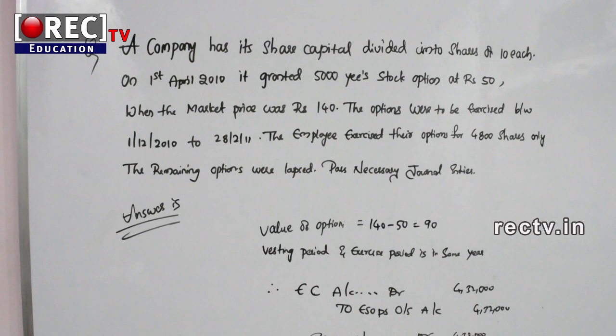The options were to be exercised between 1st December 2010 to 28th Feb 2011. The employees exercised their options for 4,800 shares only and the remaining options lapsed. You should pass the necessary journal entries.